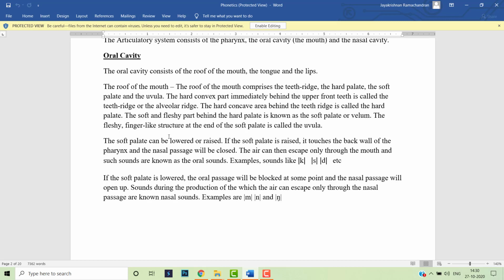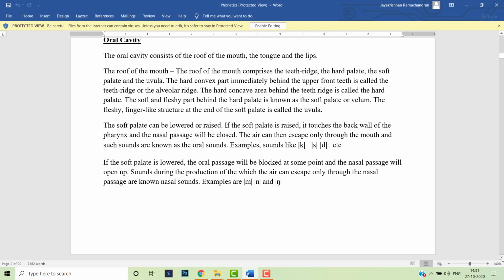It is convex, protruded outwards. Then it is immediately followed by the hard palate, and just behind the hard palate there is the soft palate, and the soft palate ends at a small finger-like structure called the uvula.